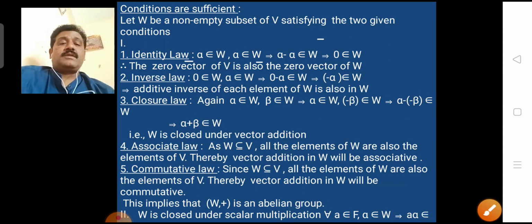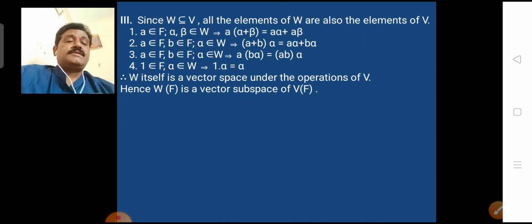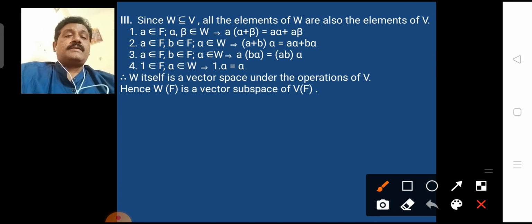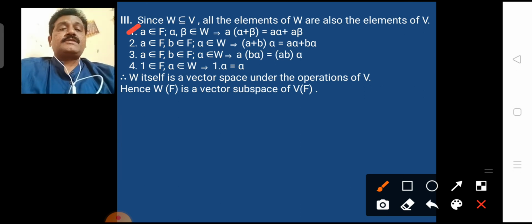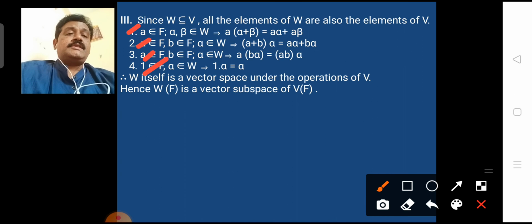Now, third property. Since W is a subset of V, these four laws hold. One: A into alpha plus beta equals A alpha plus A beta.